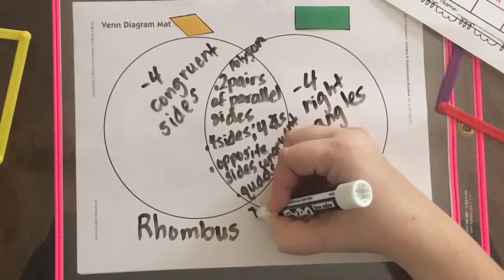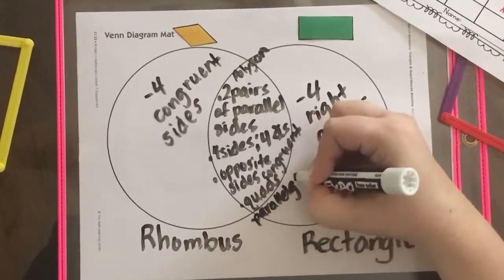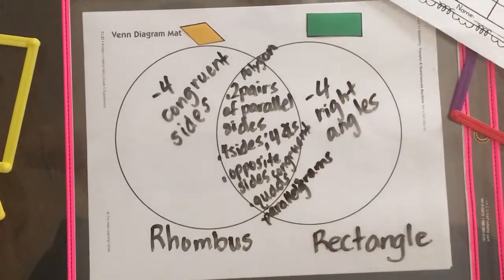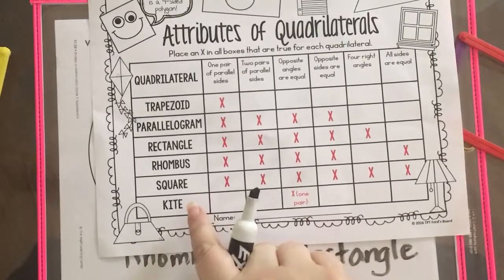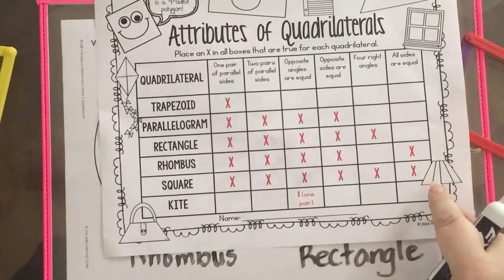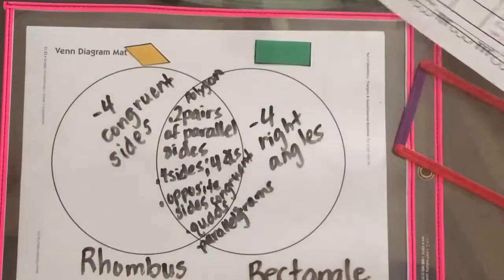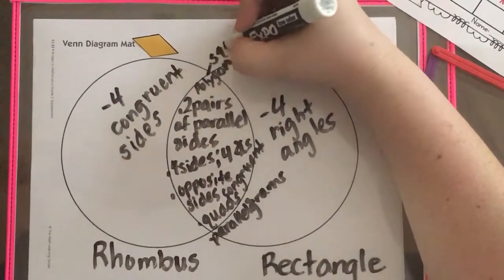Something that they may not see at first, but can see by looking at their chart, is that a square has all of the attributes of the quadrilateral, which means that a rhombus and a rectangle are both also classified as squares.